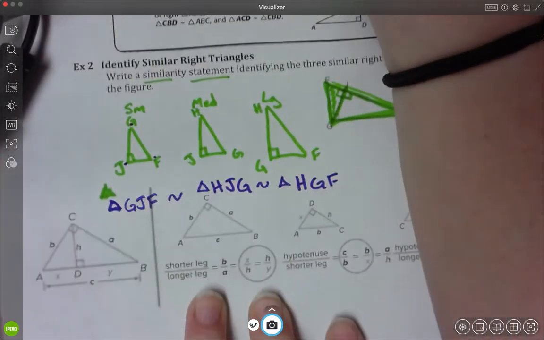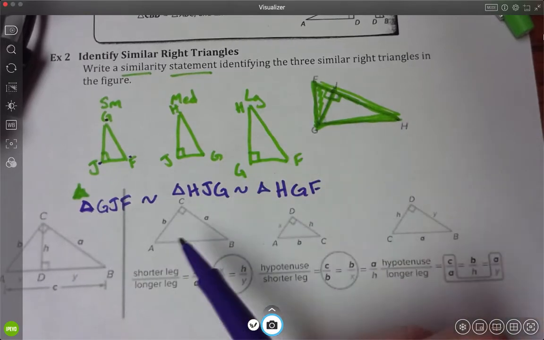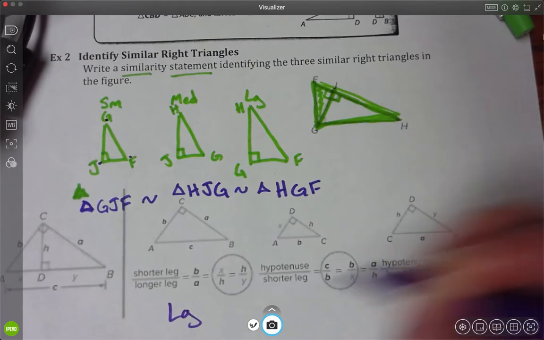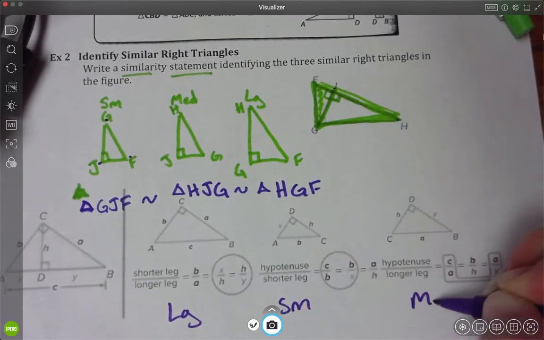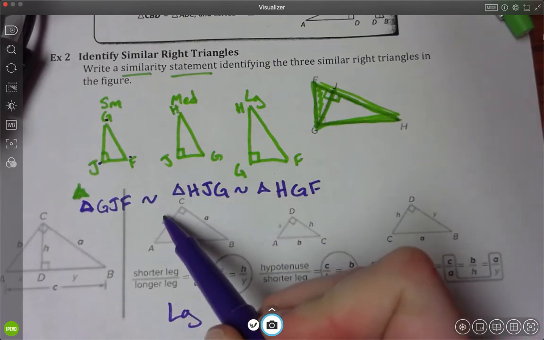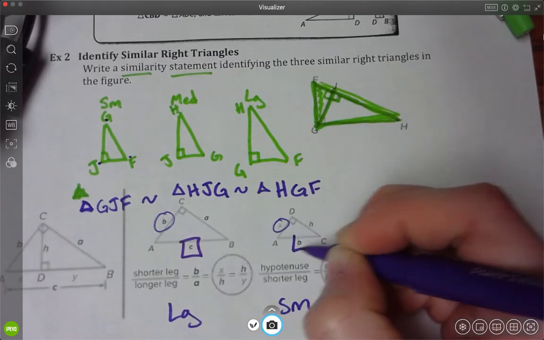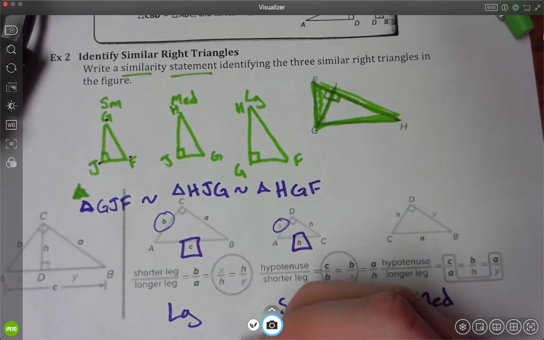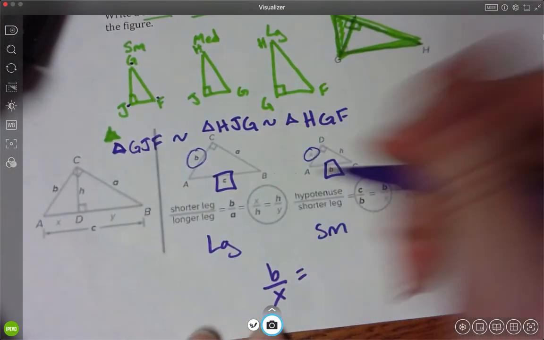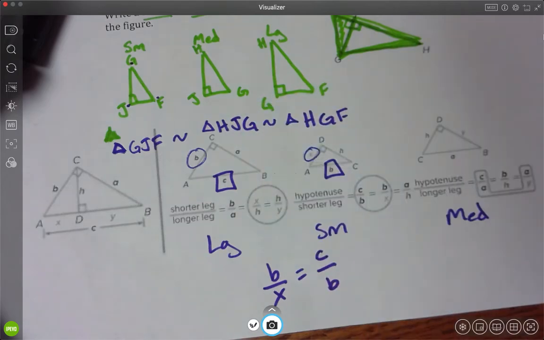This bottom diagram here, I'm not going to talk too much about it, but it basically says after you've separated them out into the large, this one would be the small, and this one would be the medium, you can set the sides over top of one another. So I could say B over X would be the same thing as C over B, and then I could cross multiply.